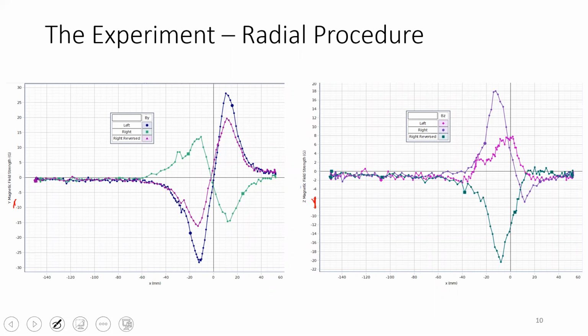And in this case, I have graphed everything in these two images except for the center run, right? The center was when I was right down the middle of the axis. And we can actually see that we see some fluctuation on the left and on the right in our two radial directions.